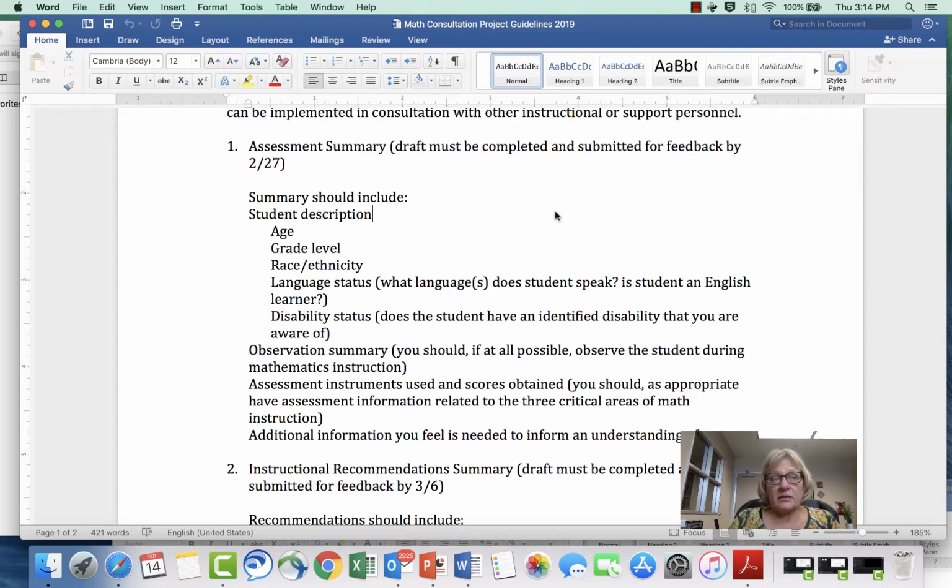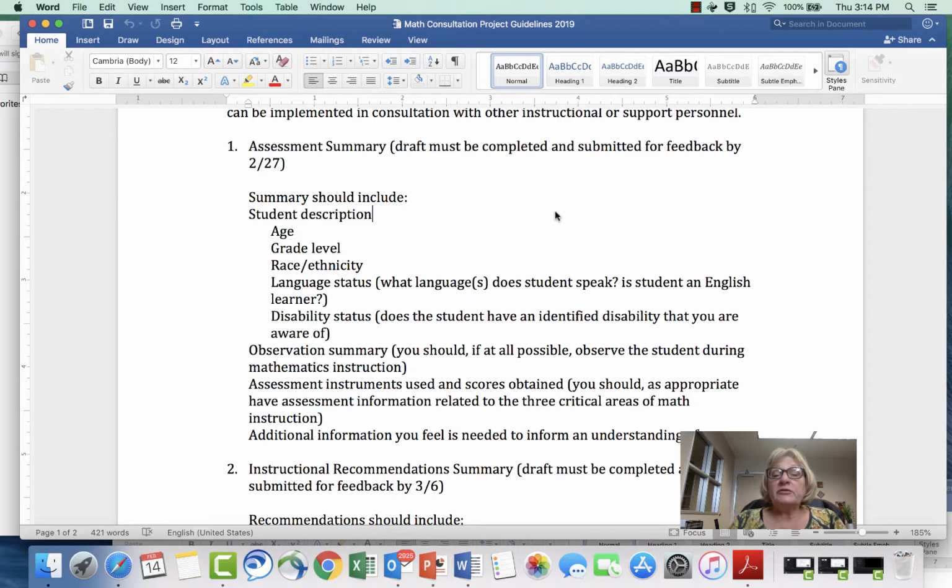For those of you working in other settings, hopefully you'll be able to observe that student during mathematics instruction, and you're going to write up a summary of that observation. Make sure you're including some relevant details, like how many students were involved in that instruction, what was the time frame, what materials were being used, what were the students expected to do, what kind of feedback they get, all of that detailed information.